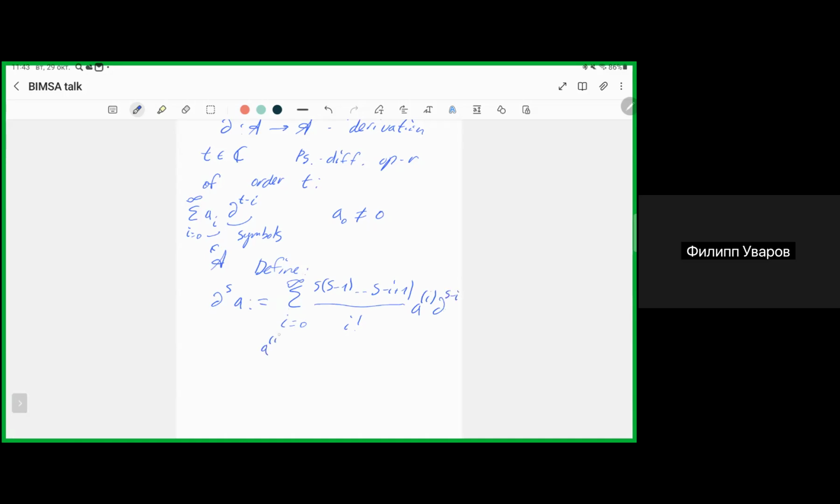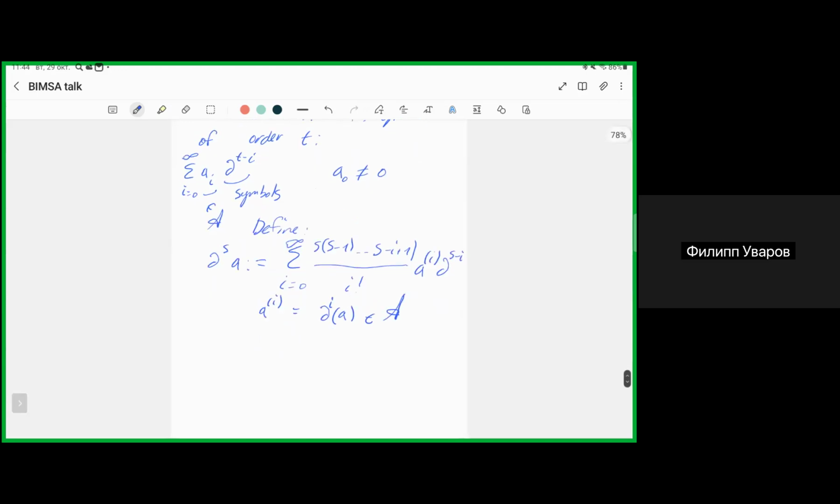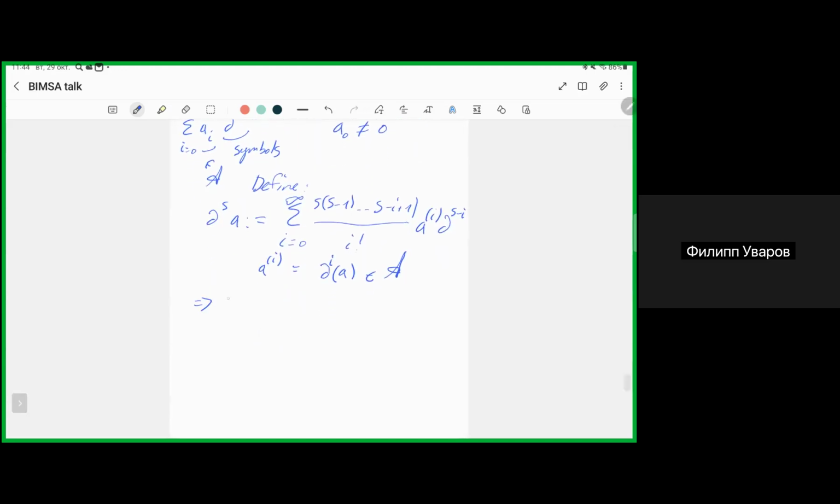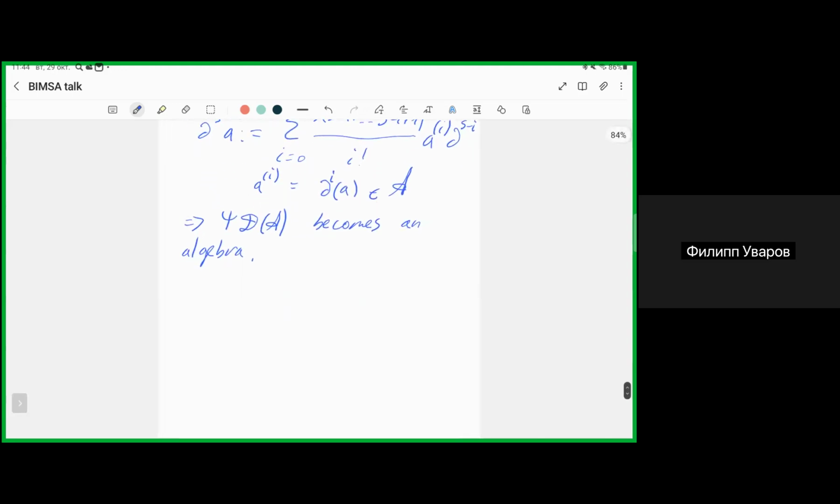So this a_i is just, I take my element a and act by my derivation i times. So I apply it, and therefore this is something that lives in A. And so I just define and then can multiply this as series. So my pseudo-differential operators, which I denote like this, on A becomes an algebra. And by the way, it's an associative algebra. You can check it using some elementary combinatorial identities. It's a good exercise, anyways.